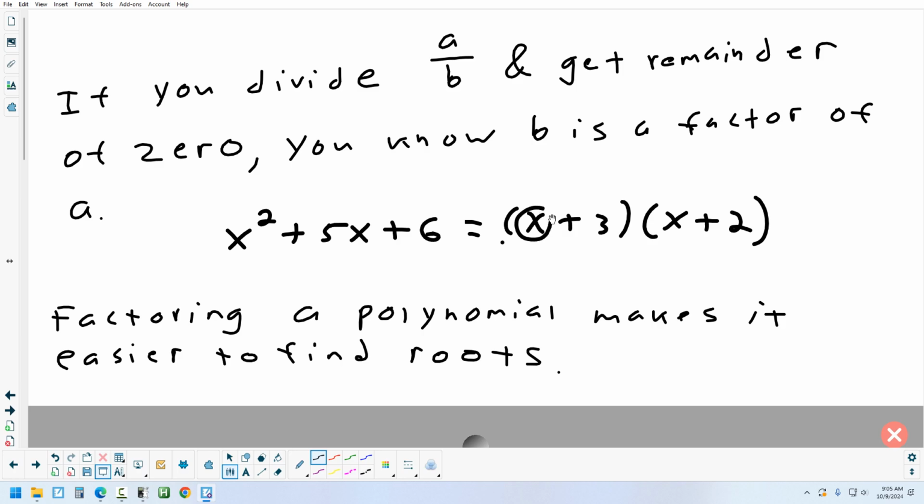If I plug -3 in, I get 0 there. And if I plug -2 in, I get 0 there. Okay? So it's much easier to see the numbers you can plug in and get 0 when it's factored versus not factored. That's why we factor.